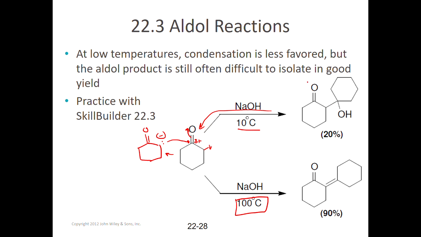If a small amount of it does form, which clearly is the case, the higher temperature would allow the elimination to occur that will produce water and this product here.